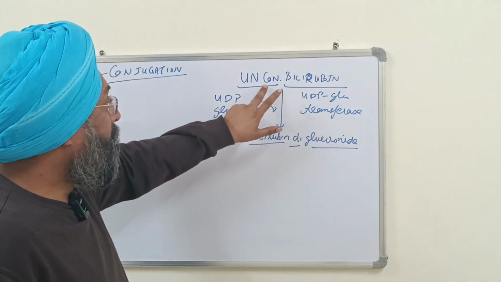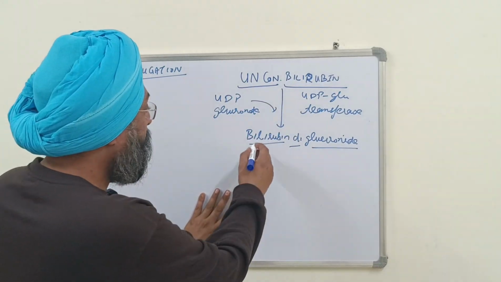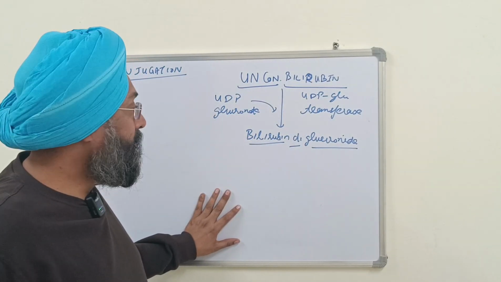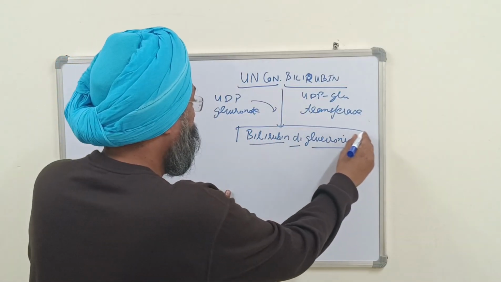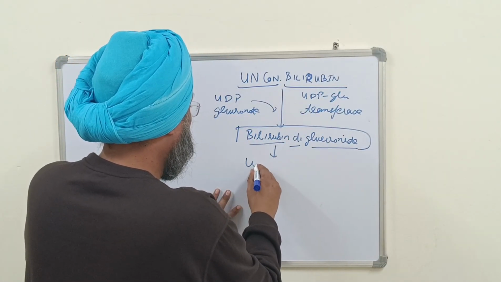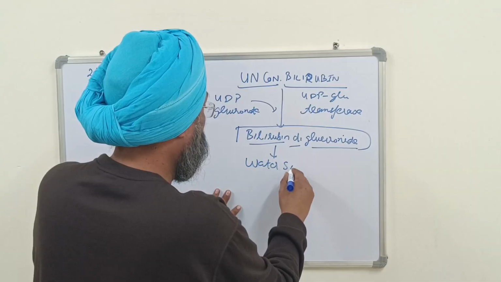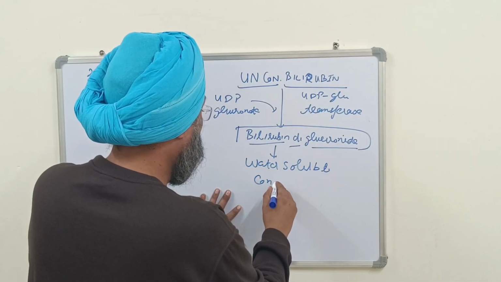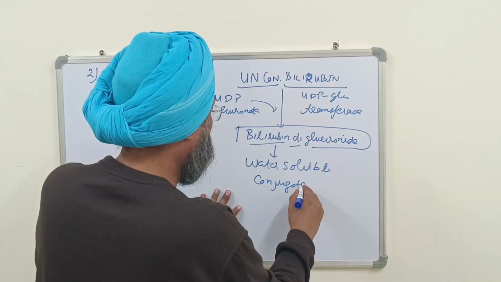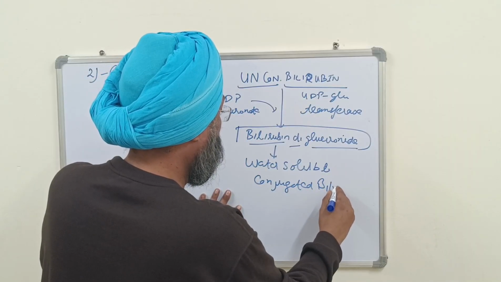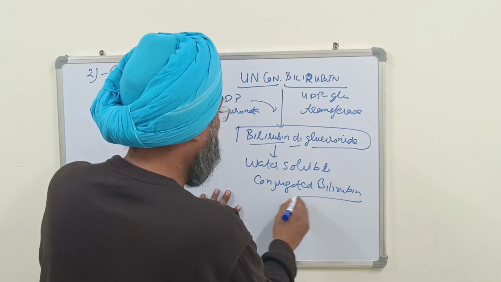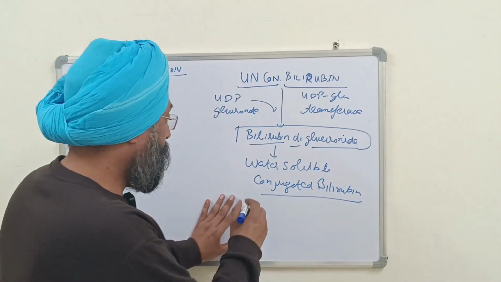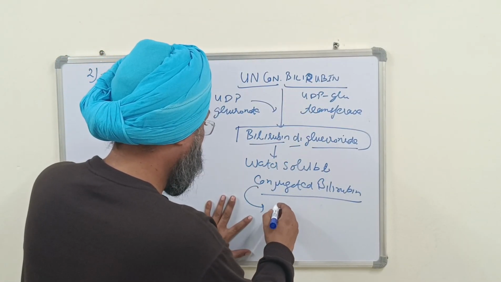Via this enzyme, unconjugated bilirubin is converted to bilirubin diglucuronide because we added two glucuronides. This bilirubin diglucuronide is water soluble, and this is known as conjugated bilirubin.